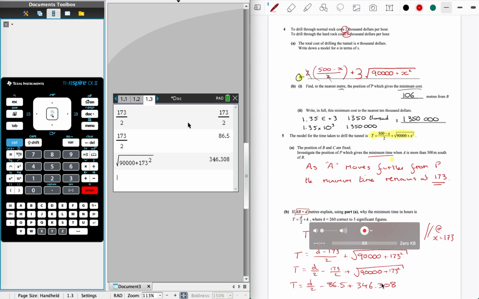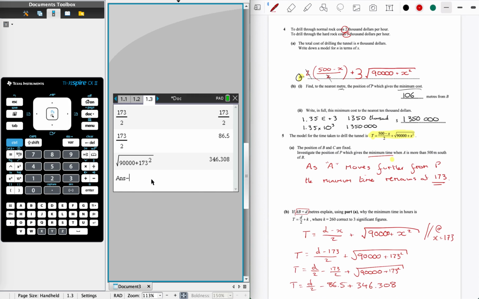So I'm noticing I've got a positive and a negative here, so let's take that answer and I'll subtract the 86.5 to work out what these numbers are. So 259.8. So therefore I can, have I got any more space on this page?